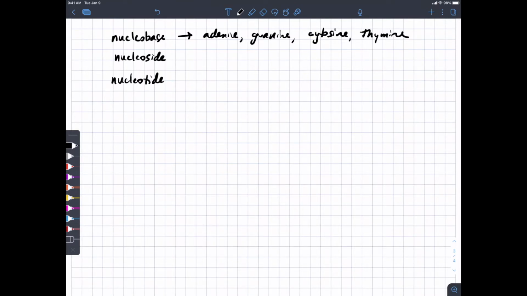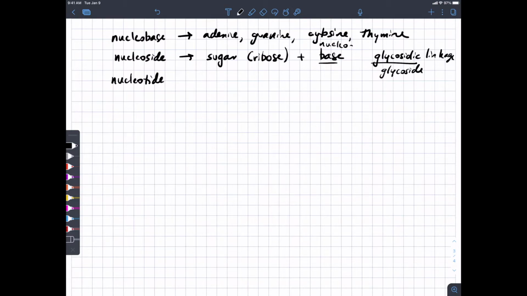The nucleosides are the linkage of the sugar, which is ribose, plus the base, and that's a glycosidic linkage. So it's a glycoside, but because it involves a nucleobase, we're going to call it a nucleoside, okay?